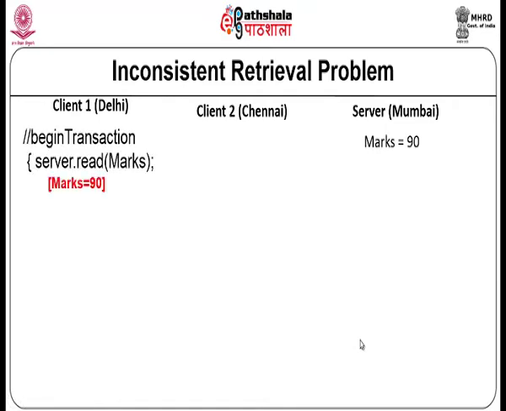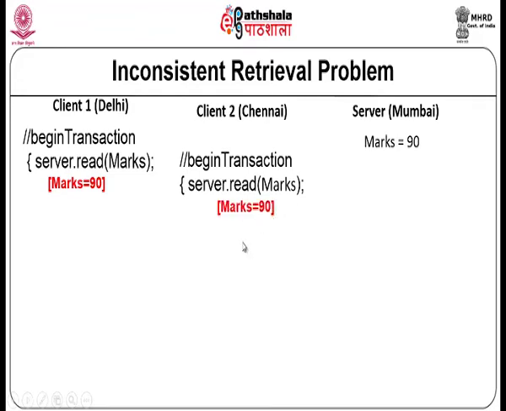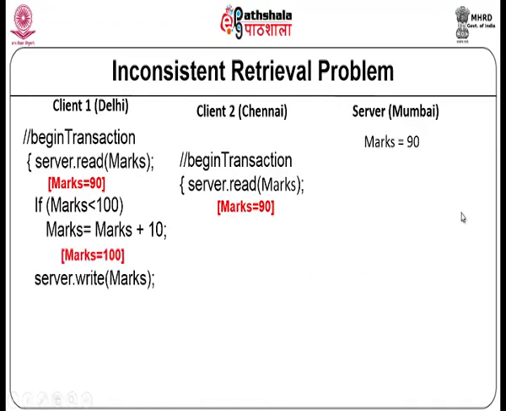Here, let's assume the marks is 90, and we execute the same client on marks 90. So, it reads the value of 90. This also reads and gets a value of 90. Now, it makes a change and the value becomes 100 because it adds, and then it writes to the server.